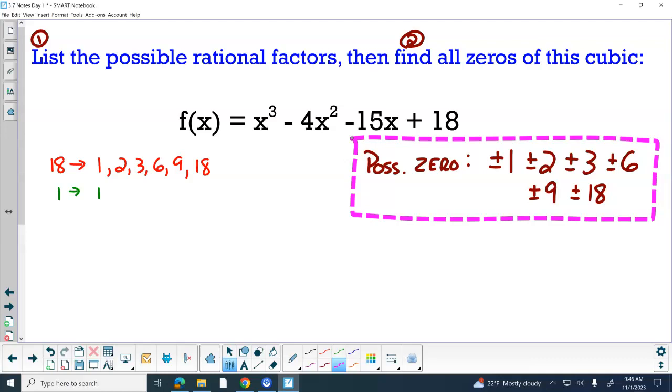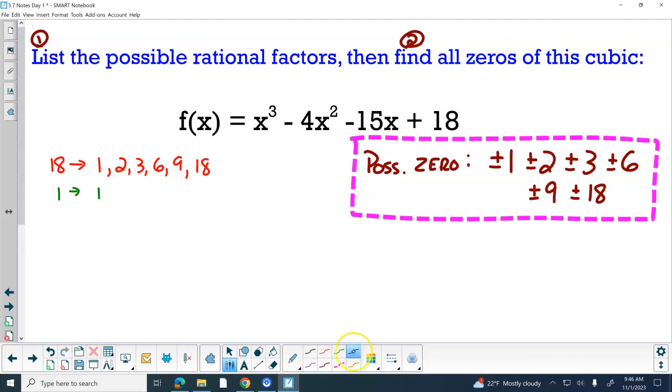So if you found 1 first, your path is going to be different than if you found 6 first, than if you found -3 first. Okay? 3 different paths, but they're all going to lead you to the same answer. There's just going to be different work in between them.